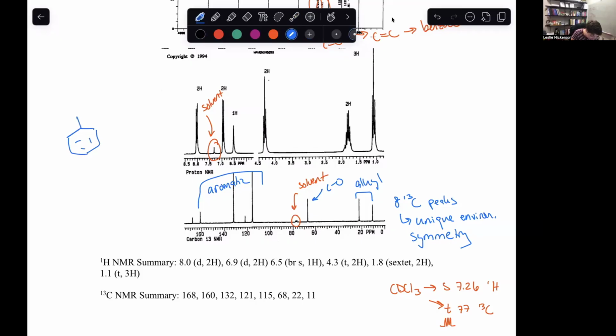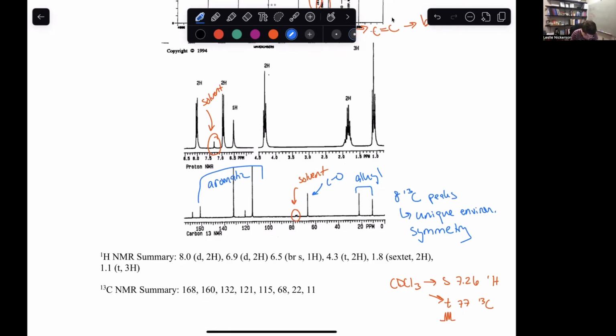Because, for example, if you have a monosubstituted benzene ring, that's going to give you 1, 2, 3, 4 carbon environments there. If I put another thing over here, I'm still going to have 4. If I have something there, I'm going to have 3. But 4 is pretty common. 5 would be really weird. I don't know if I've ever seen a 5 because I just don't think it would work out. Okay, so that's my aromatic region.